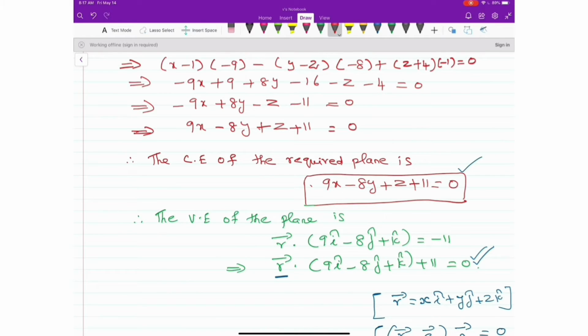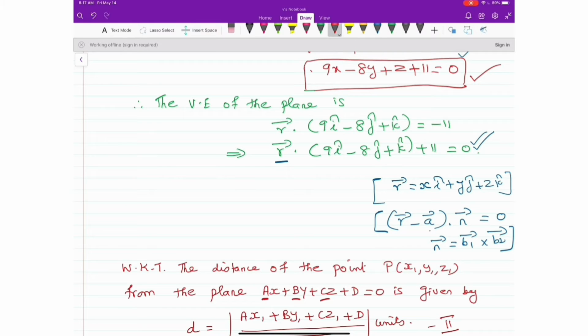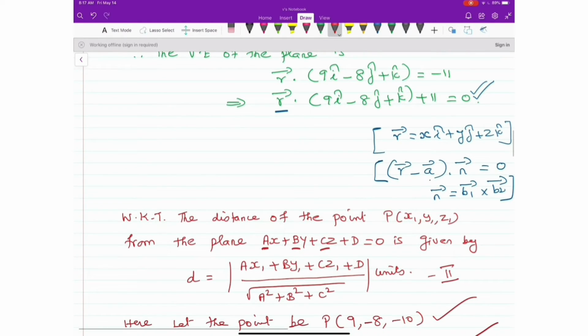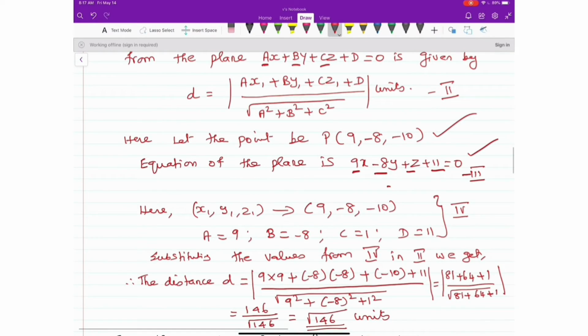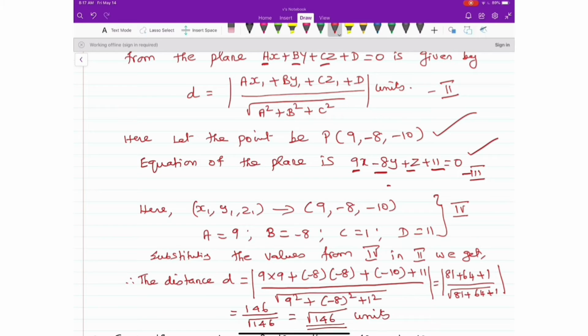So you will be concluding your answer as: the Cartesian equation of the required plane is 9x minus 8y plus z plus 11 equal to 0, and vector equation of the plane is vector r dot (9i cap minus 8j cap plus k cap) plus 11 equal to 0, and the distance of the point from the plane is square root of 146 units. So that will be your final answer.